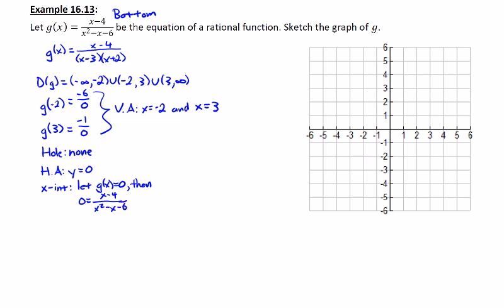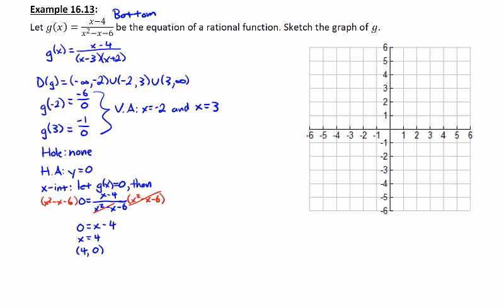Now we saw on example 16.12 that we can multiply both sides by the denominator, because that will allow the denominator to be canceled on the right-hand side. But on the left-hand side, since we're multiplying by 0, we're just going to end up with 0 equals x minus 4. And that would imply that x equals 4 is the 0 for this function, and that is to be interpreted as the x-intercept located at (4, 0).